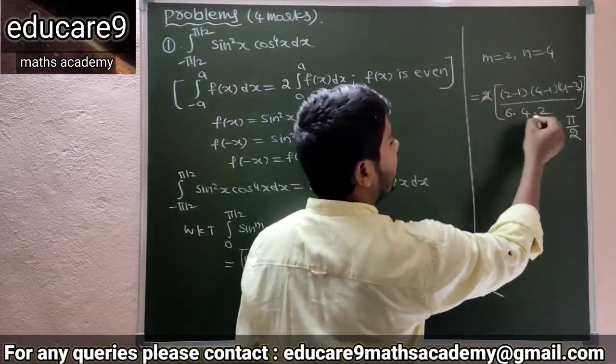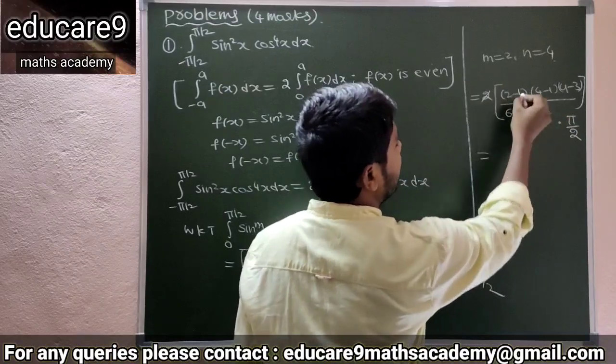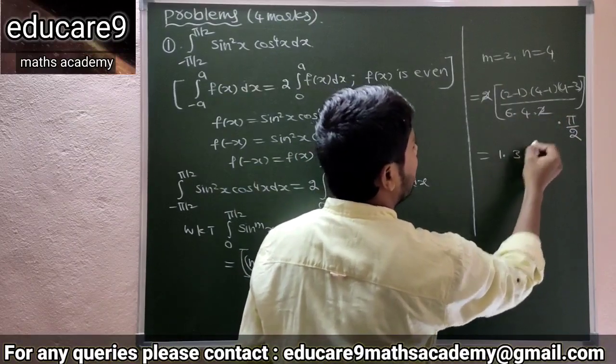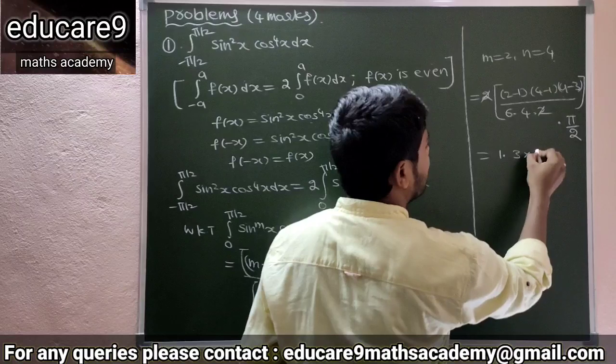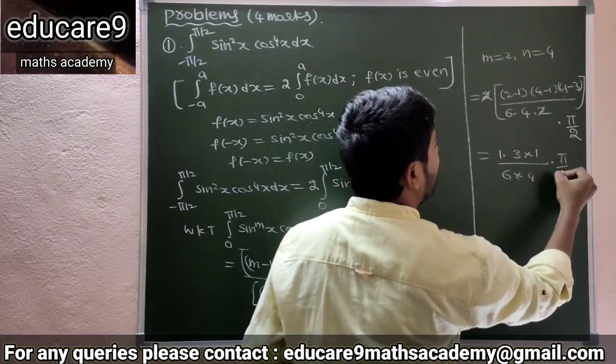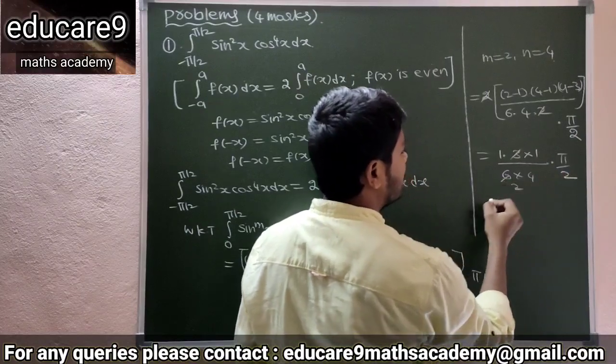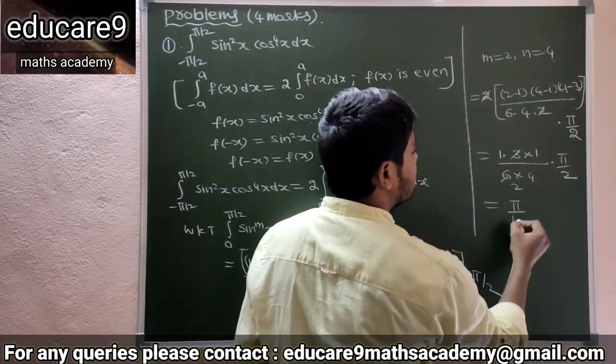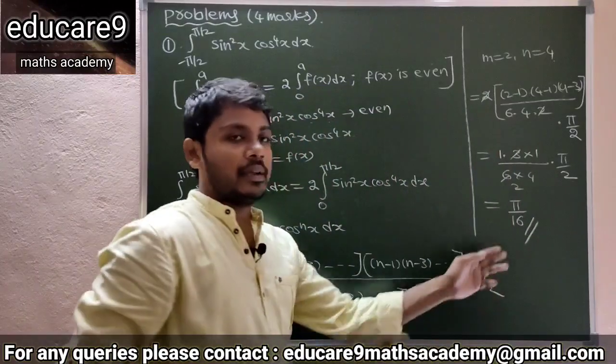Here 2 gets cancelled, you will get 2 minus 1 is 1, 4 minus 1 is 3 and 4 minus 3 is 1. So divide by 6 into 4 into pi by 2. So 3 ones are 3, 2. So this is pi by 16. This is the required answer.